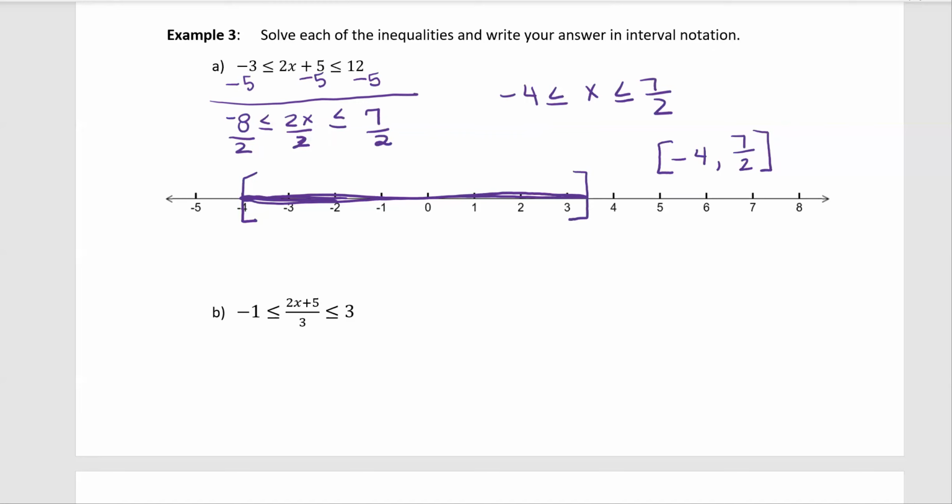And letter B, in example B, we have a fraction. So I suggest we clear the fraction.